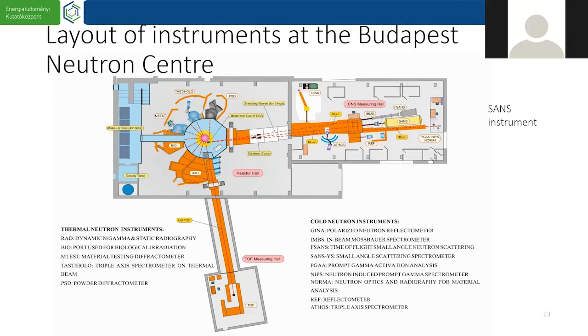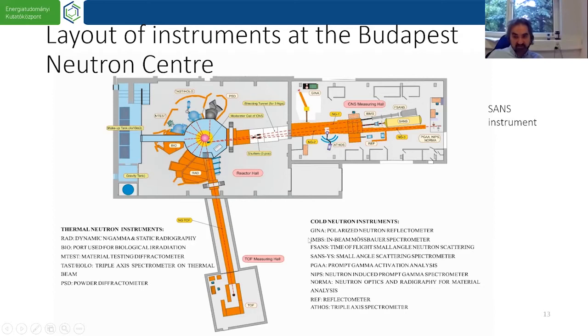But since now they are considered to be dangerous in some respect, they are not being replaced, but new sources are being built, and they are continuous spallation sources, which means that there is no so-called risky or dangerous nuclear reaction, but the target is irradiated by particles from an accelerator, and then they produce neutrons in the same way as the reactor.